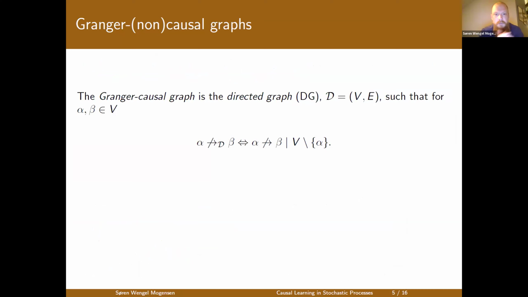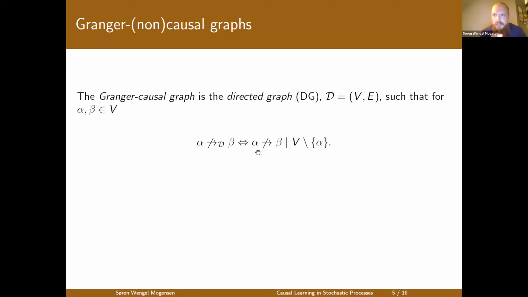So we'll start from defining a Granger causal graph. So this is a directed graph. It can be cyclic now. And V is, again, this index set of my coordinate processes. And then I define an edge set E like this: I take 2 processes, alpha and beta, and I leave out the edge from alpha to beta if and only if I have this Granger non-causality.